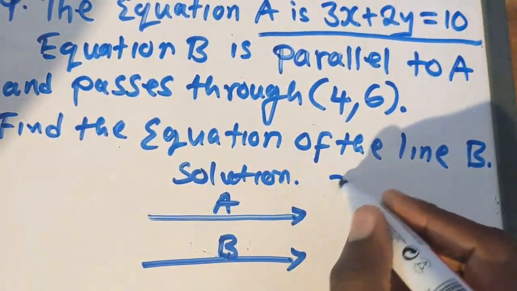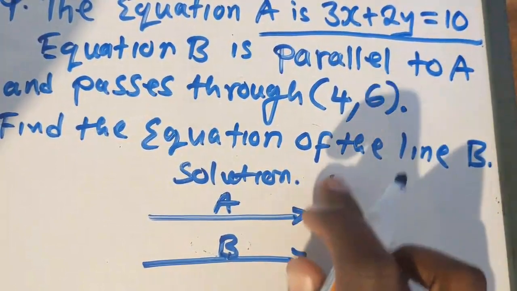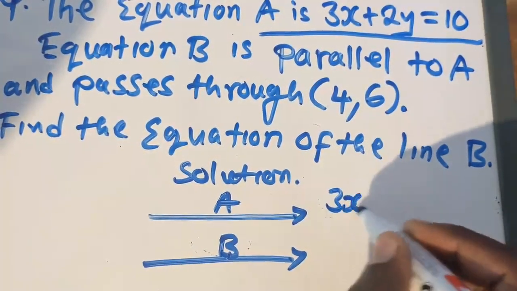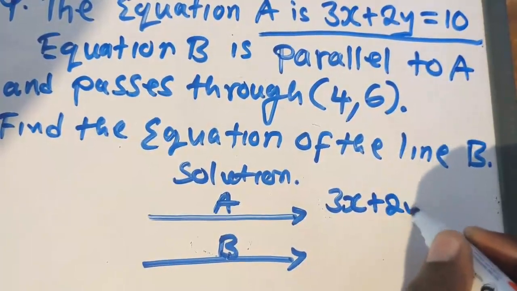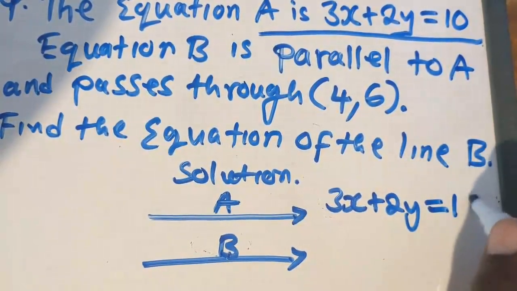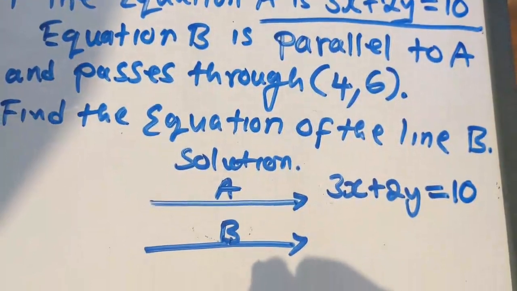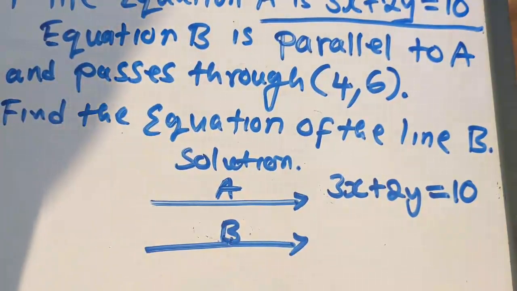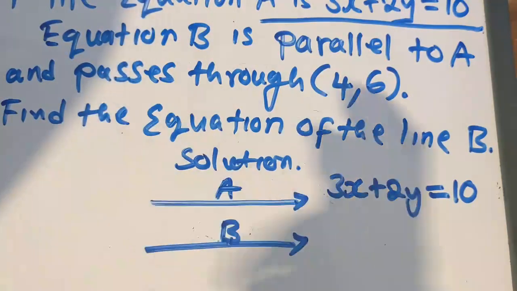This is the equation of A: 3x plus 2y is equal to 10. How can you find the gradient? A gradient is a number that is attached to the letter x.